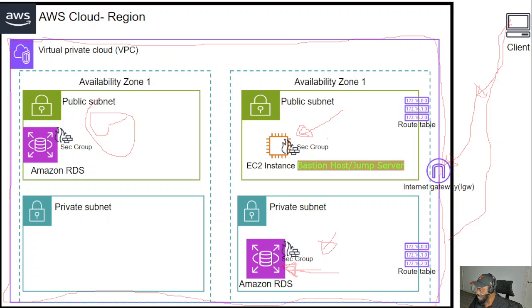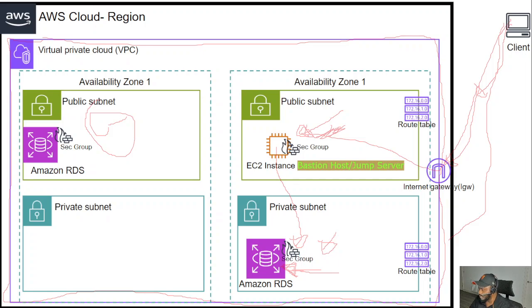So what you will do is first authenticate to this EC2 instance, the Bastion host, passing through the internet gateway. When you authenticate in here, at that moment you are now able to do an internal authentication to your RDS instance.